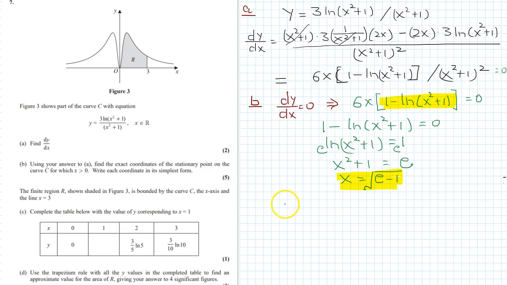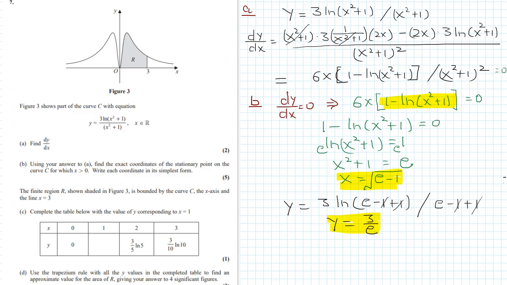We put the value of x there. So y will be 3 ln of e minus 1 plus 1, divided by e minus 1 plus 1. So this cancels, this cancels. So y is equal to 3 ln e over e. So y is equal to 3 over e. So that is the value of y.